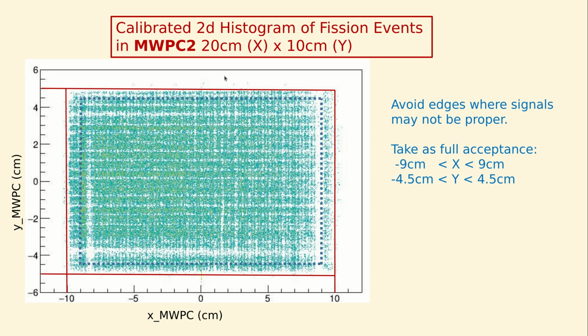We usually try to avoid the complete detector, and we just leave out a little bit along the edges, so that in case the signal is not very clean along the edges, then that portion of the detector we avoid. So normally we keep the effective area of the MWPC slightly smaller than the full. I think you could also do it with the full, but anyway, here I have done it taking the acceptance as -9 to +9 in the x, and -4.5 to +4.5 in the y.